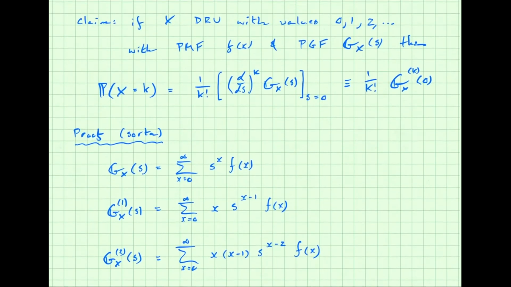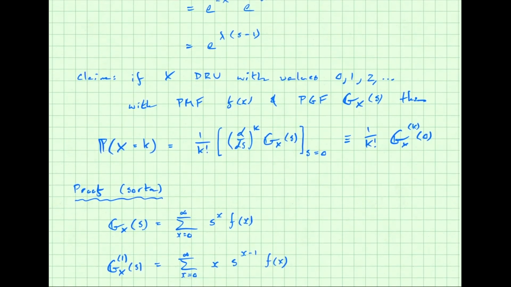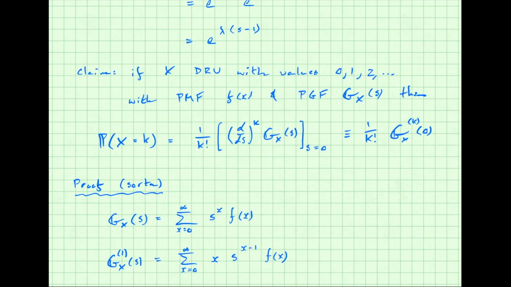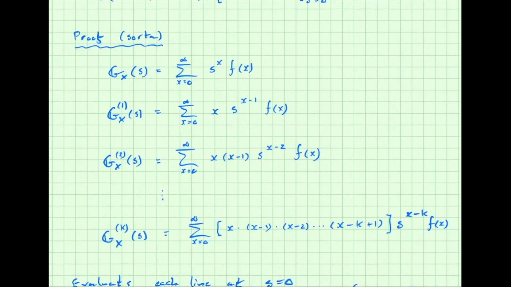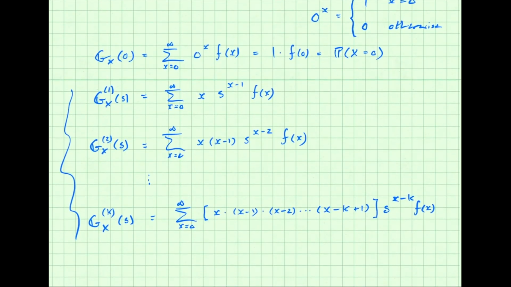So let's go back up to this thing that we're trying to prove. There I've got the probability that x is equal to, in this case, 0. That should be 1 over 0 factorial, which is 1, times the 0th derivative, so the function itself, evaluated at 0. And that worked. Right, so that checked.